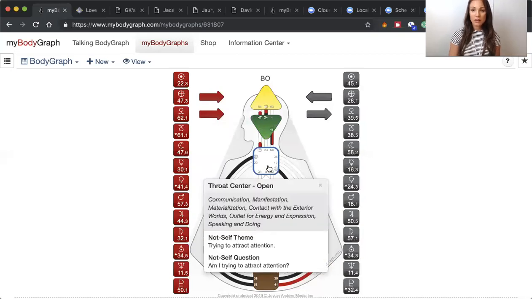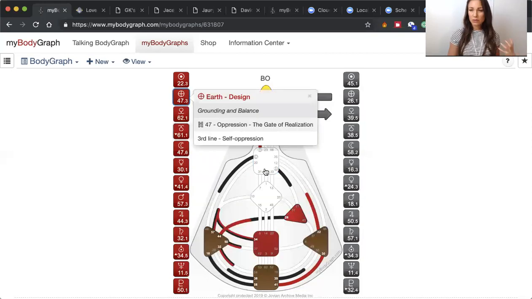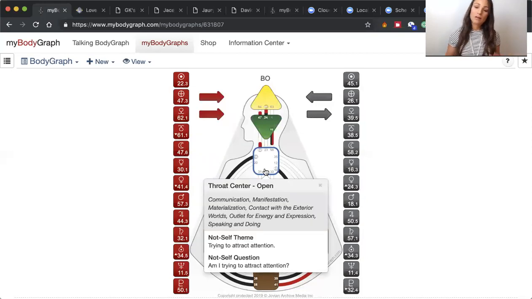So this is about, it can be an attention seeking, and that goes together with the third line on the unconscious side, for example. So it could be a seeking for attention or approval, depending on the personality. And also to be able to be influenced in how we speak, because we do take in from the outside, and depending on who we're with, we're going to speak in a different way, which is sometimes good because we can tune in and speak, but really making sure, am I speaking my truth?